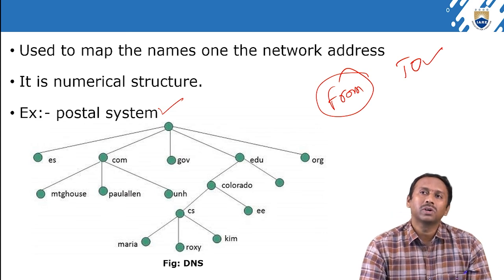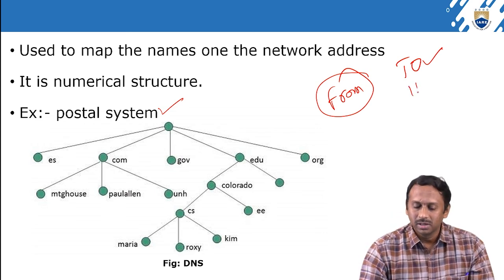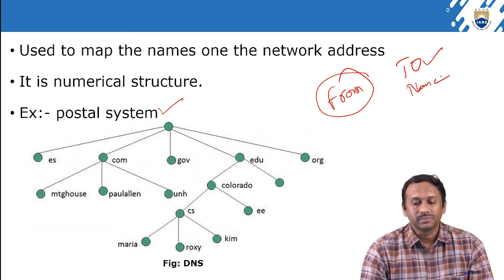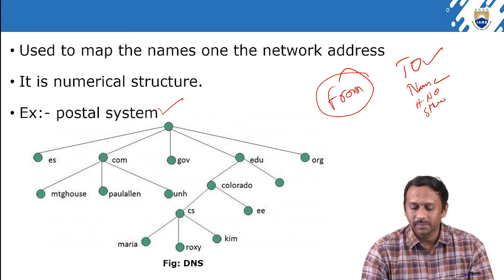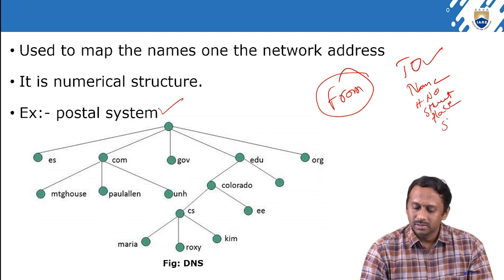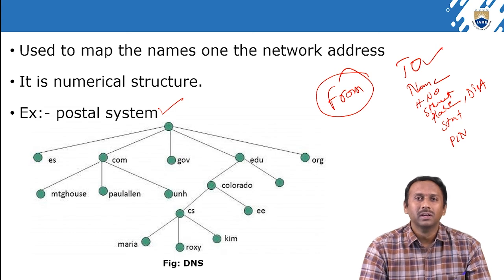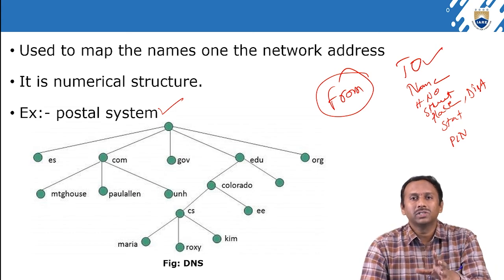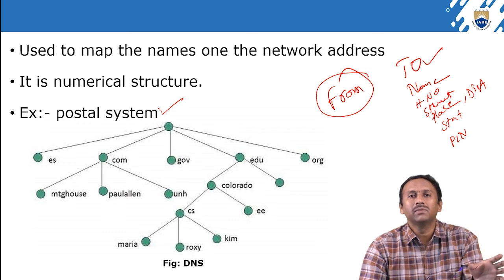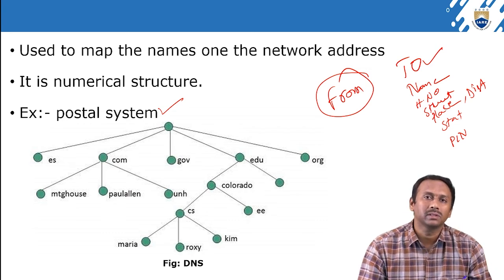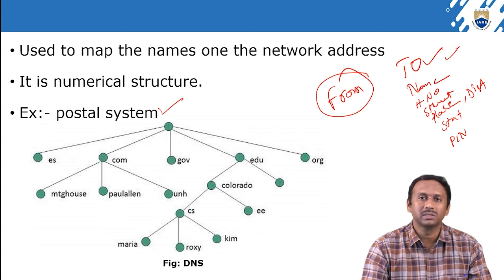In the recipient address we write the name, the house number and street, the place, the district, the state, and finally the pin code. We need to specify this clearly. Then only the letter will be delivered exactly where we planned, and that recipient will receive it.